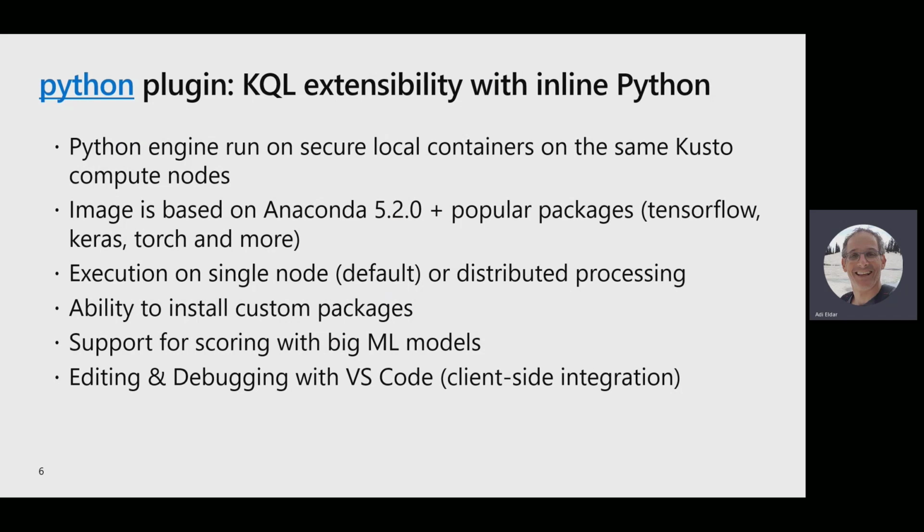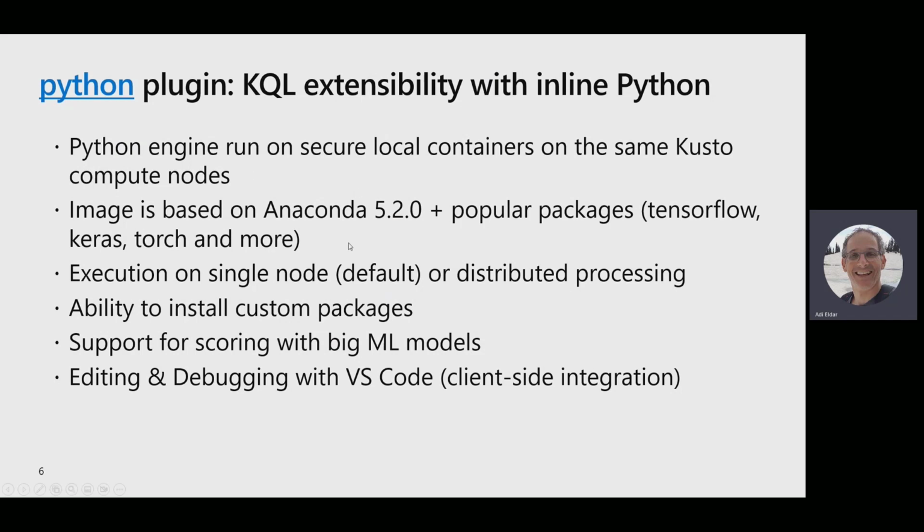Some details: the Python runs on secure containers on the same compute nodes. You don't have to pay for additional hardware or allocate extra nodes. It just runs on the same compute nodes that the cluster is configured with. It can run either on a single node or in a distributed manner on multiple nodes, where each node processes its own data and computation is done near the data. It's very efficient.